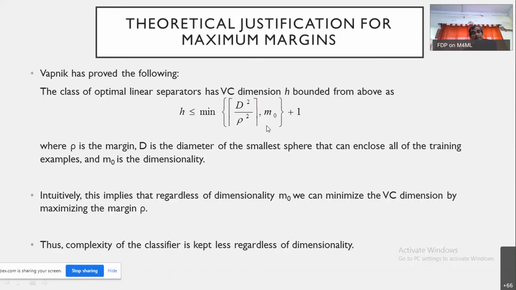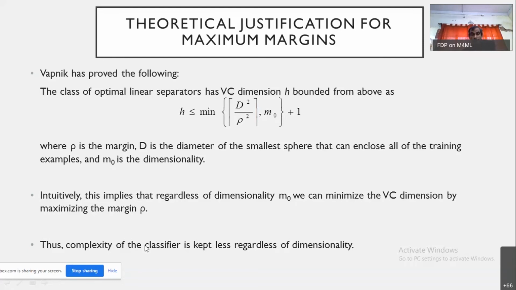I have no control over M0. So since I'm taking the minimum of these two, by maximizing the margin, I will have control over the VC dimension. If you have a lower VC dimension, the power is more. So that is why people go for the maximum margin classifier.